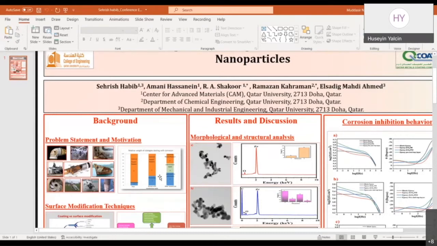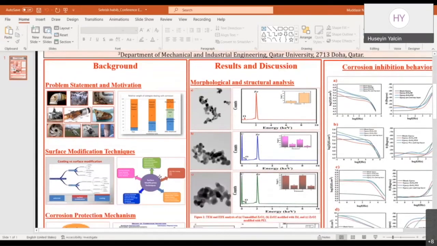So there are different modification techniques which can be utilized to protect the metal or the steel substrate from the external environment. They involve thick coatings, thin coatings, plasma techniques, electrodeposition techniques, or polymeric coatings.